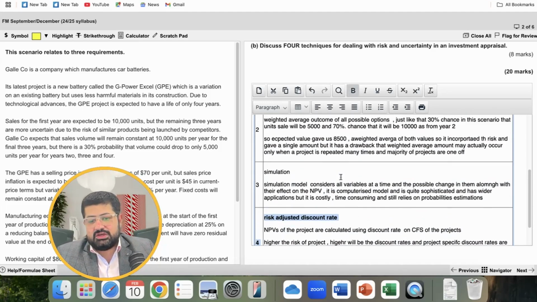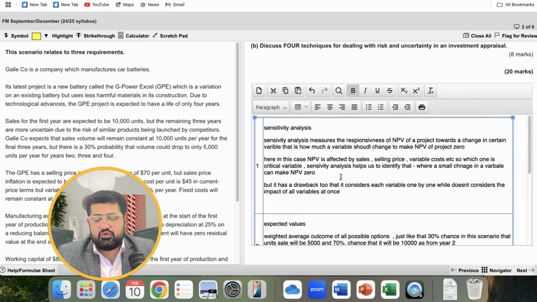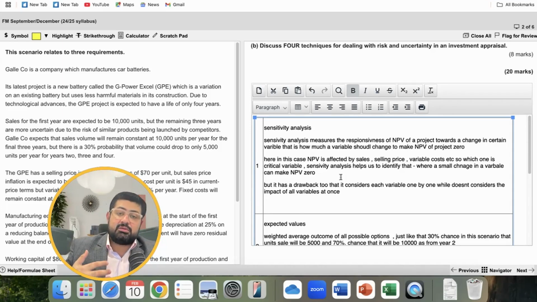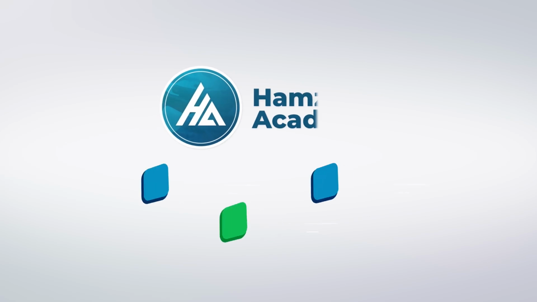Each point 2 marks, so 8 marks, it is done. Majority of students make mistakes. They do not discuss to the point. They may discuss 1 point excessively, and the second point they might not discuss properly. So 2 marks each point, remember. 2 valid points in depth discussion is required. Thank you.